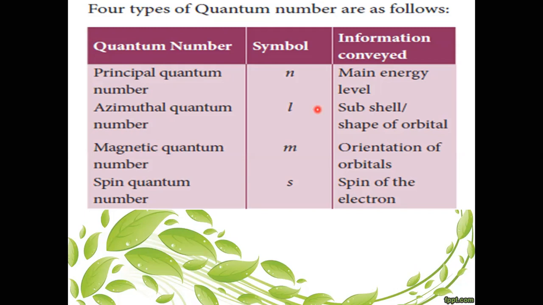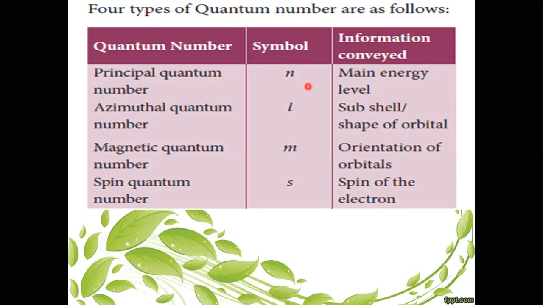So these are the four types of quantum numbers. When you go to higher studies, in BSc physics and chemistry, you will study these deeply.